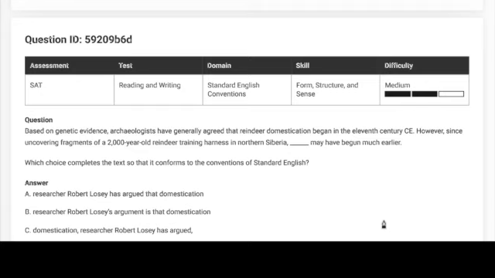Now, this is another question, right? It says "conventions of standard English," that means it's a grammar question. Then the word order is changing in the answer choices, that means it's for sure a modifier question. So what do we need to do first? We need to identify the modifier. I'll let you come up with an answer of your own within the next 2 seconds. What is the modifier in this question? The modifier is the phrase right before the blank, right?